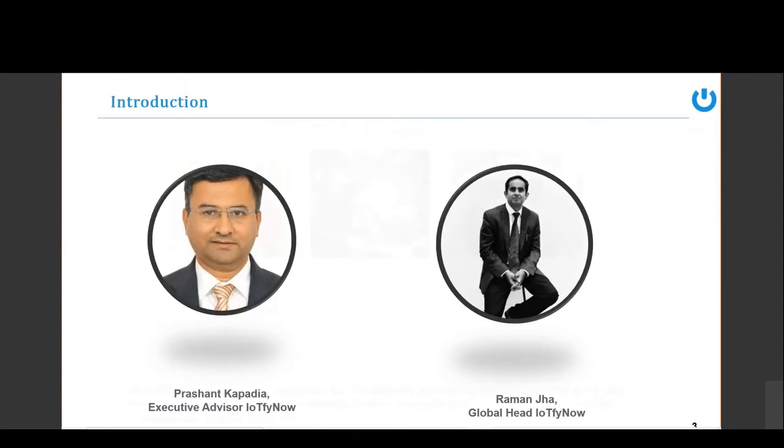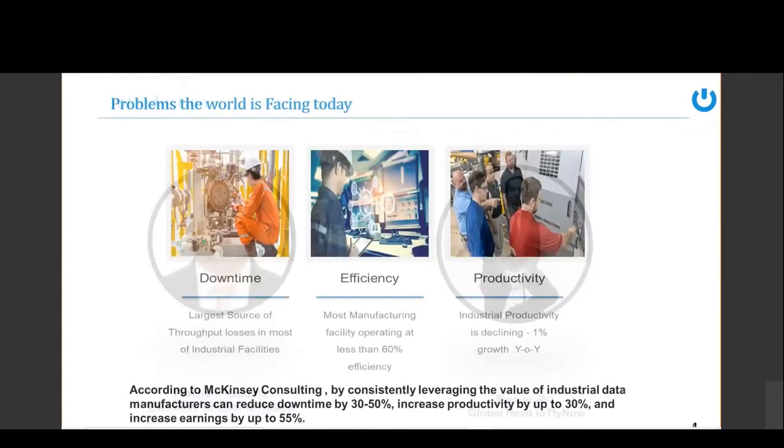Let's start today's topic, anomaly detection and diagnosis solution. Before I go to the topic, I would like all of you to understand why an anomaly detection and diagnostic solution is critical for the success of Industry 4.0 or smart manufacturing. If you look at today's world, it is facing 3 major problems.